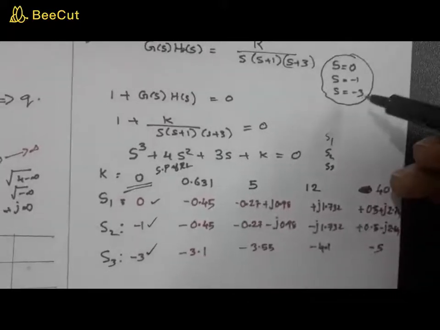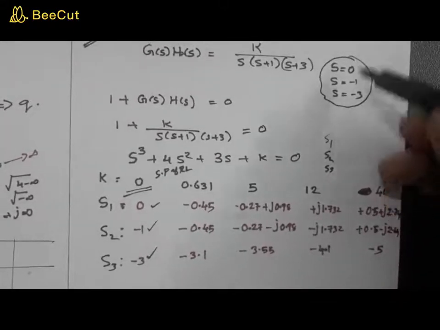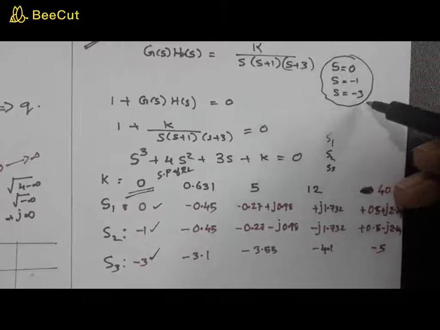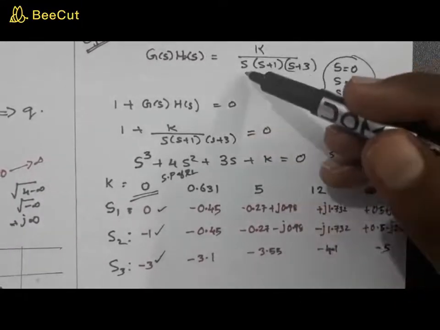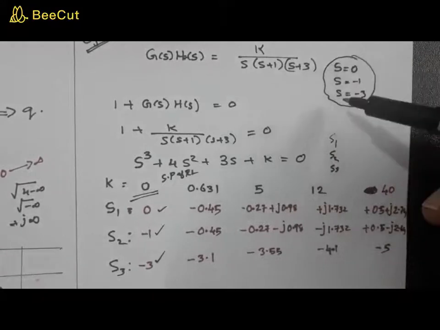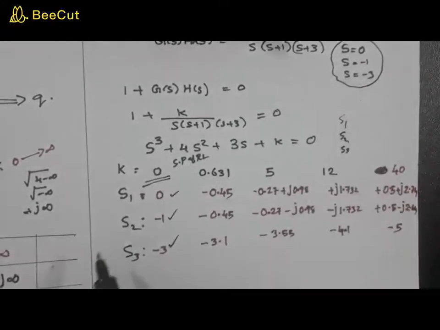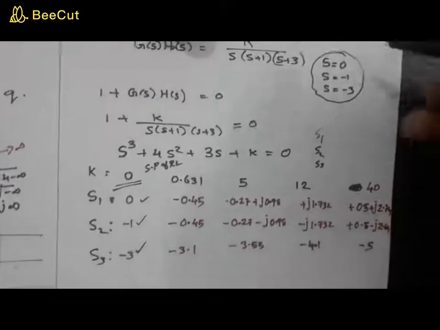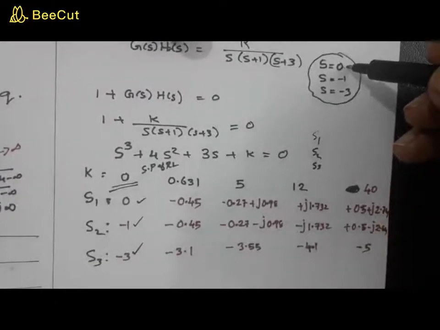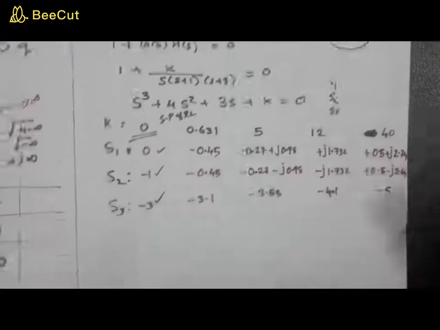So you can come to another conclusion: the number of roots is equal to the number of open loop poles. If you have an open loop transfer function, that many root locus branches it will have. Each root starts from its corresponding open loop pole.